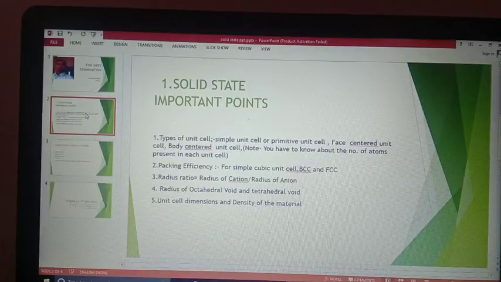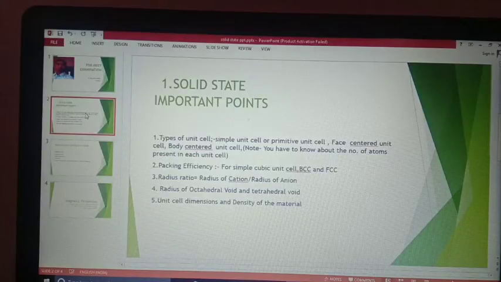Next thing, the packing efficiency for all three types of unit cell. What will be the packing efficiency of simple cubic unit cell, BCC and FCC? For example, packing efficiency for the simple cubic structure is 52.4%.